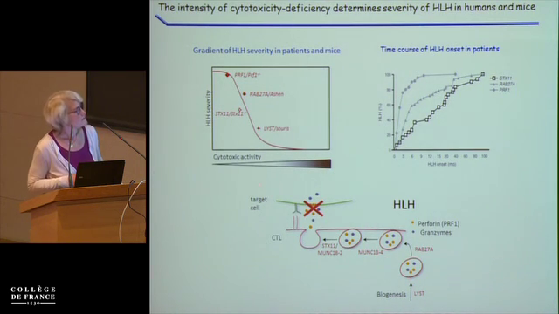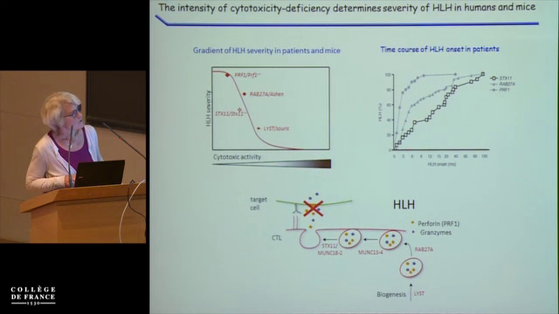The most intense cytotoxic defect is associated with perforin deficiency, the absence of perforin function, whereas syntaxin 11 deficiency or LYST deficiency lead to impaired cytotoxic activity, but with some leakiness in this impairment. And we observe that both in humans and in mice, there is a correlation between the intensity of the cytotoxic defect and the severity of HLH manifestation.